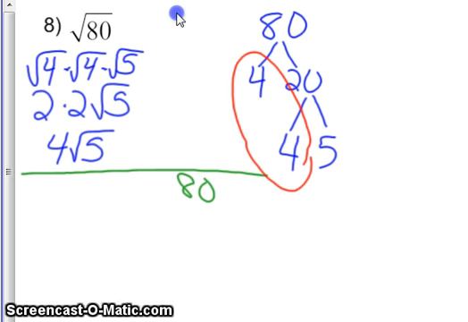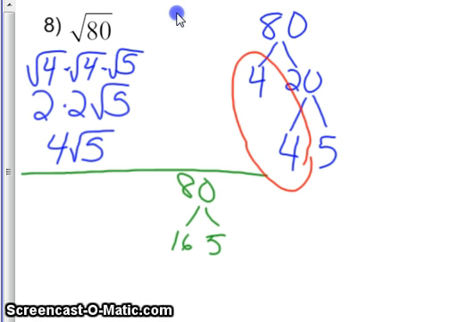So what I could have done is I could have written my factor tree as 16 times 5 if I wanted to. 16 times 5 makes 80. Is 16 a perfect square? Yeah, it's 4 times 4. As a matter of fact, any 2 perfect squares that you multiply together always makes a bigger perfect square. So if I get a bigger perfect square, I can do this in just 2 steps instead of 3.